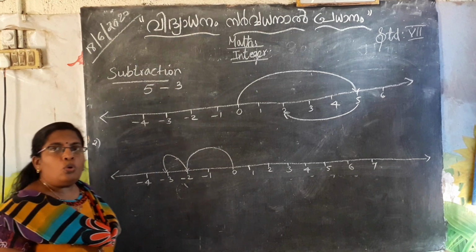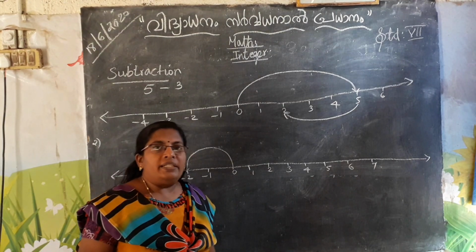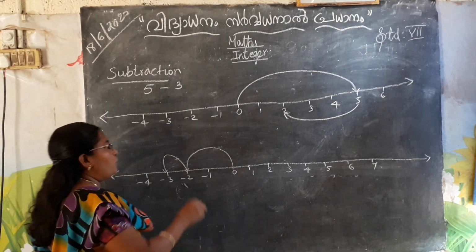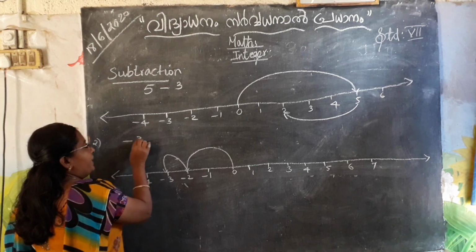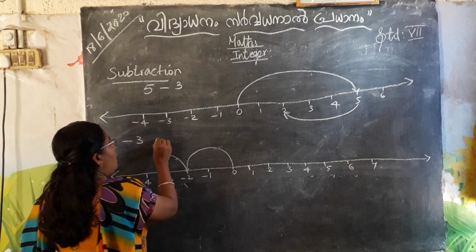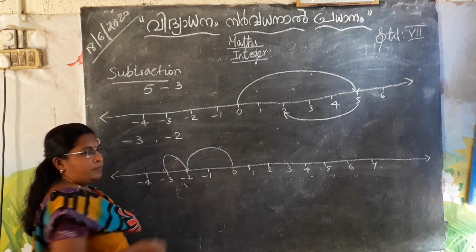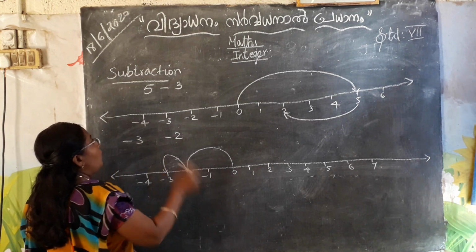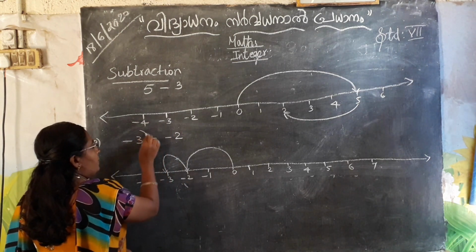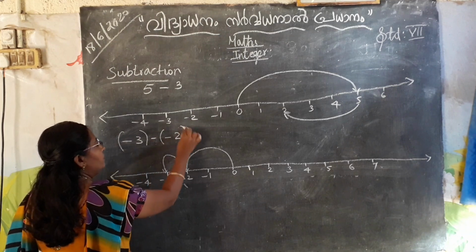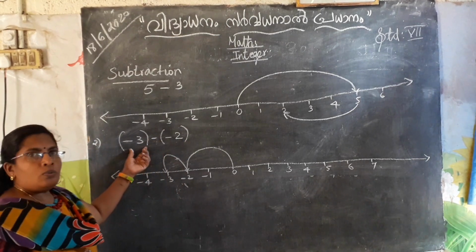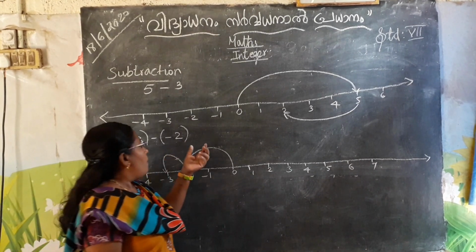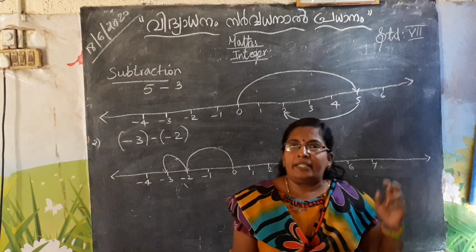Subtracting two negative integers. -3, -2. We are going to subtract. -3 is one negative integer, -2 is another negative integer.